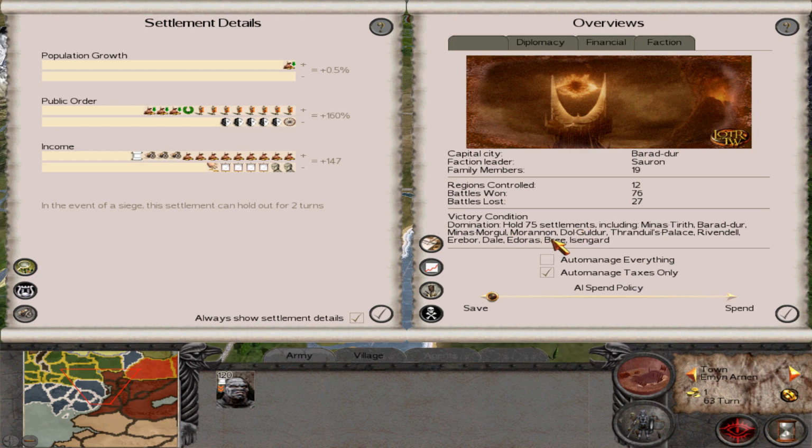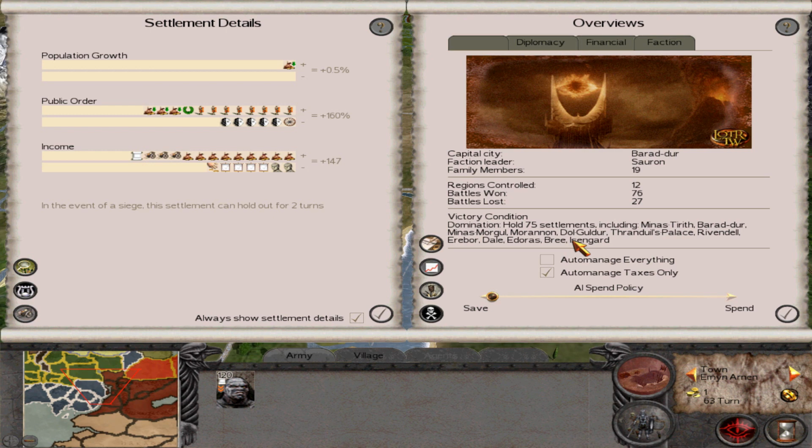We have both of these cities. Then Morannon, Dol Guldur, Thranduil's Palace, which is the capital of the Sylvan Elves, Rivendell, the capital of the Noldor Elves, Erebor, the capital of the Dwarves, Dale, the capital of the Kingdom of Dale faction, Edoras, the capital of Rohan, Bree, the capital of the Free People, and Isengard, the capital of Saruman.